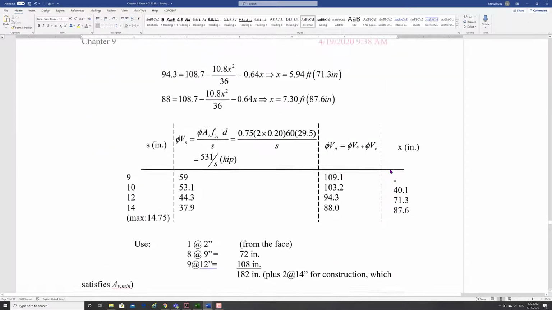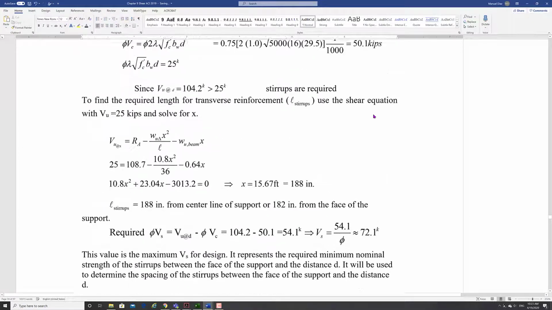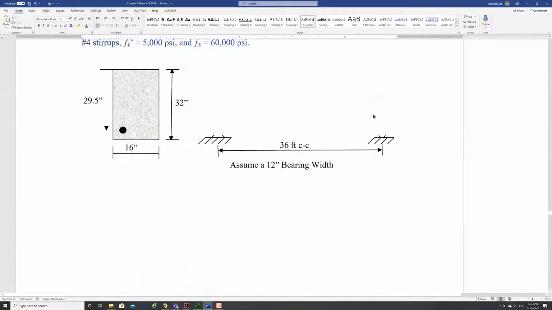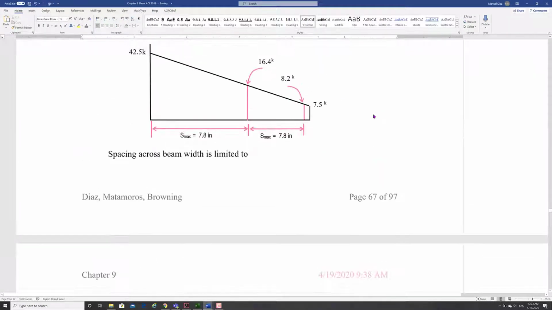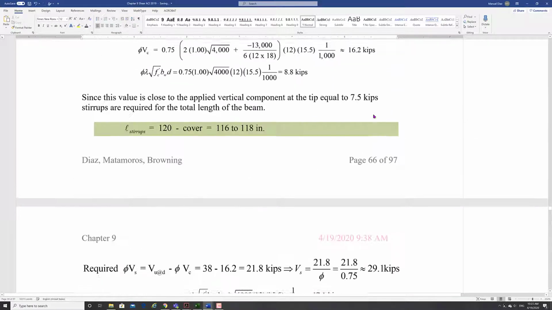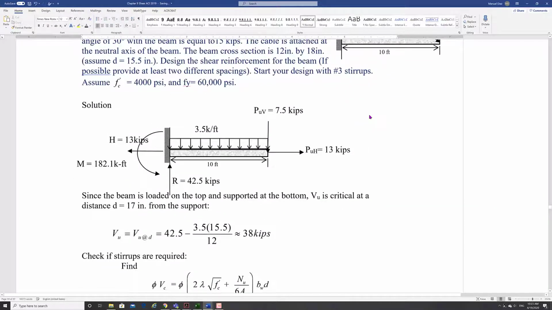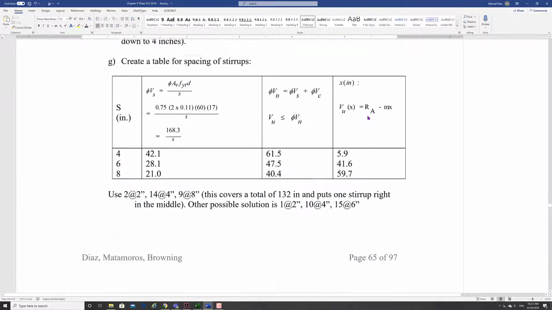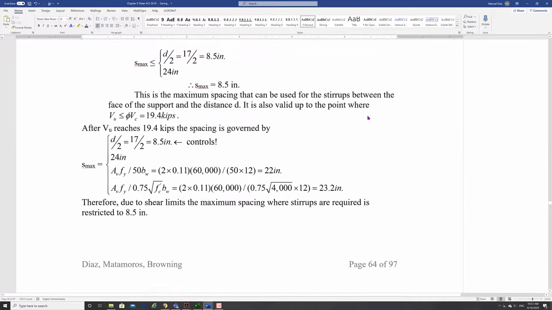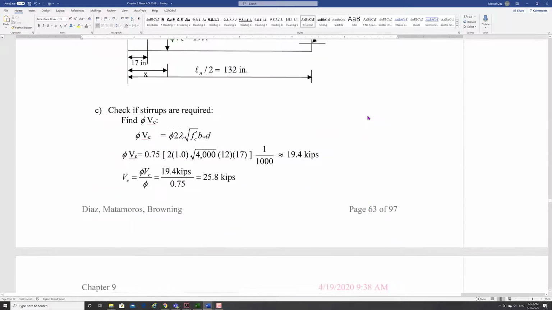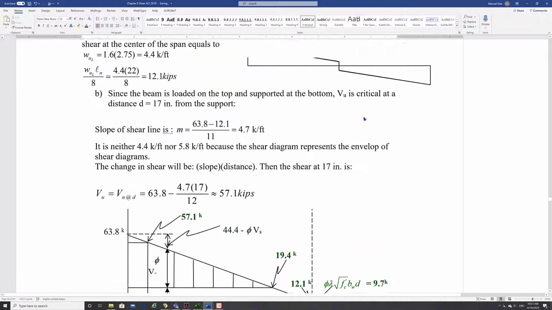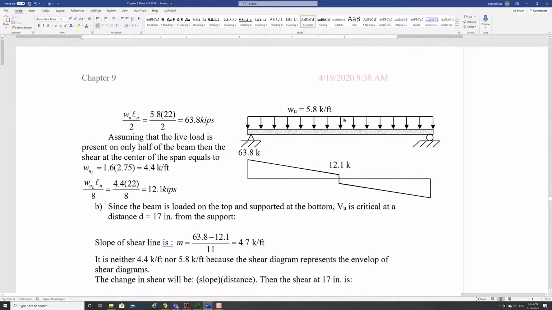So we're going to do that one. So we did that one already. Okay, here it is, right? So we got the load, right there.